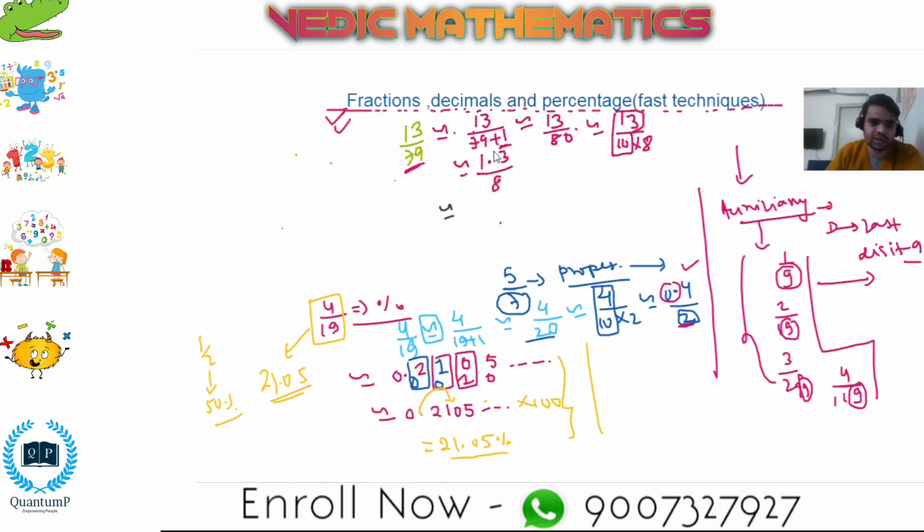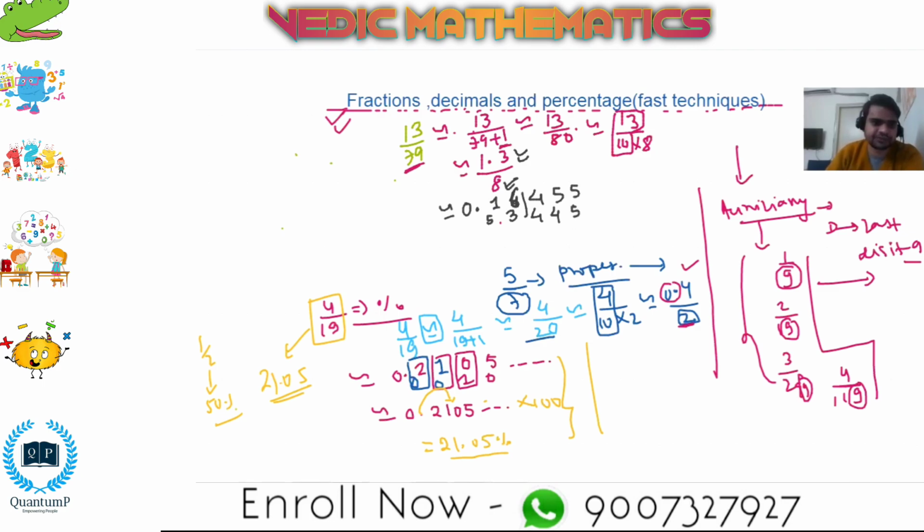then we'll write, see, 1.3 is lesser than 8, right? So we'll write 0 point, then it will become 13 by 8, quotient is 1, remainder is 5, so we have 51, 51 by 8, quotient is 6, remainder is 3, we have 36, 36 by 8, quotient is 4, remainder is 4, 44 by 8, quotient is 5, remainder is 4, 45 by 8, quotient is 5, remainder is 5.